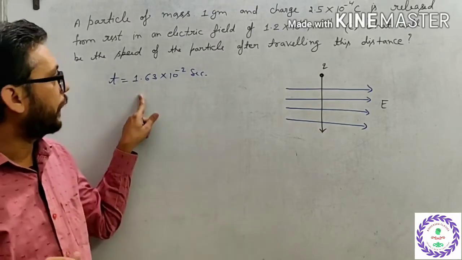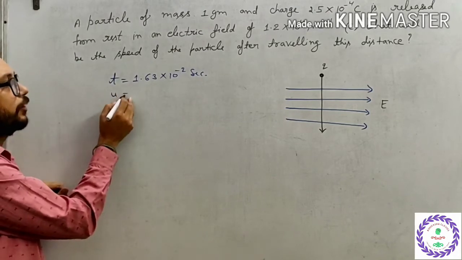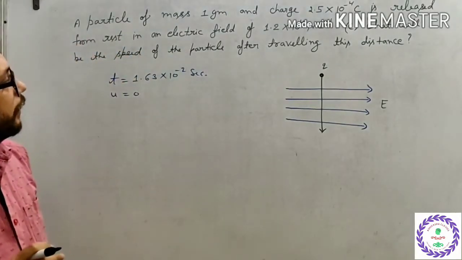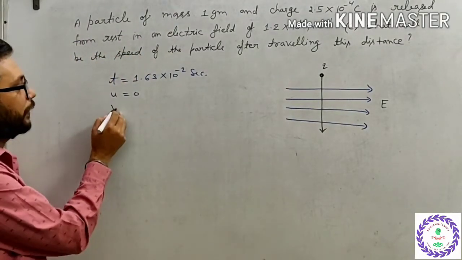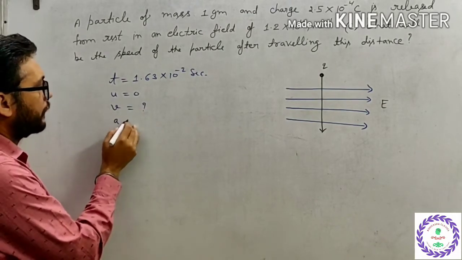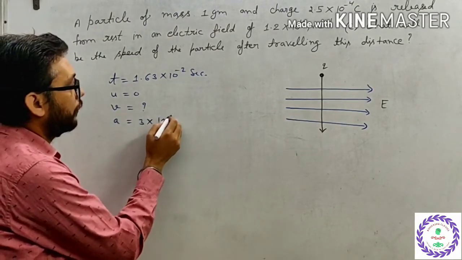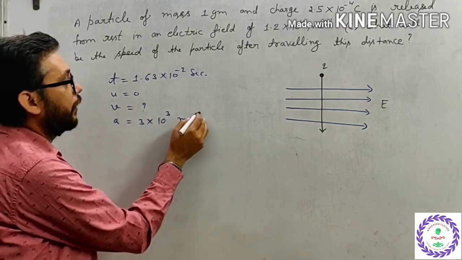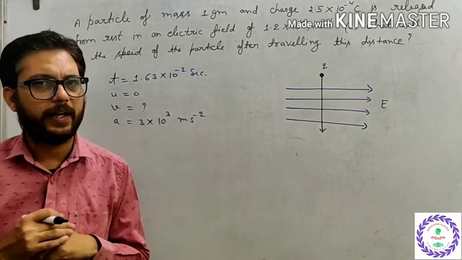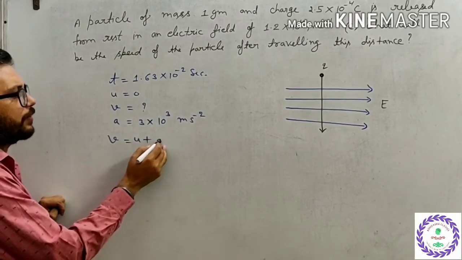We know that the initial speed u is 0 because it is released from rest, and we have to find the final speed v, which is the question mark. We know the acceleration, which we have calculated earlier, that is 3 × 10^3 m/s². According to this data we can simply use v = u + at.